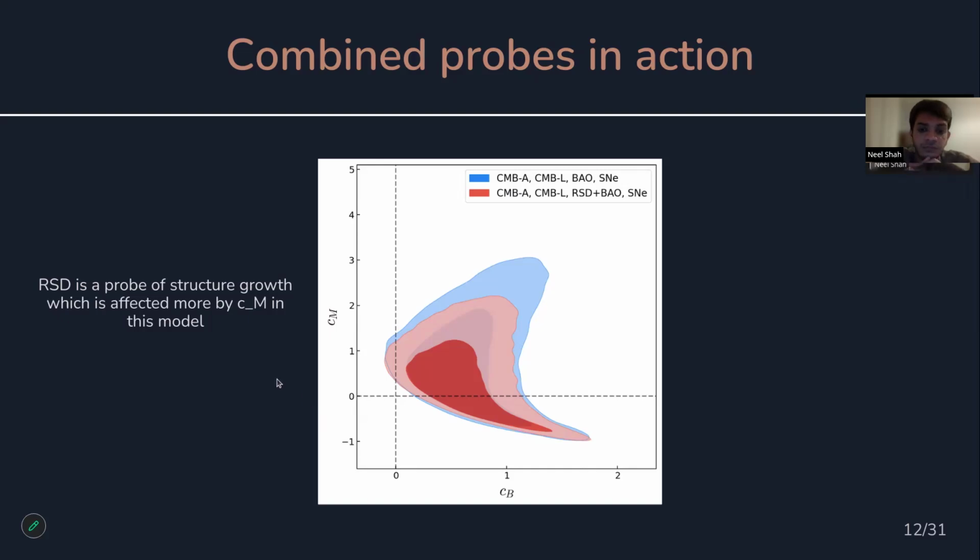And in the specific parameterization that we have chosen within the EFT of dark energy, where the effects on dark energy perturbations are proportional to omega dark energy, it turns out that the growth of structure is affected more by CM than by CB, which is why we see more of an impact on CM when we add RSD. Now let's look at another probe.